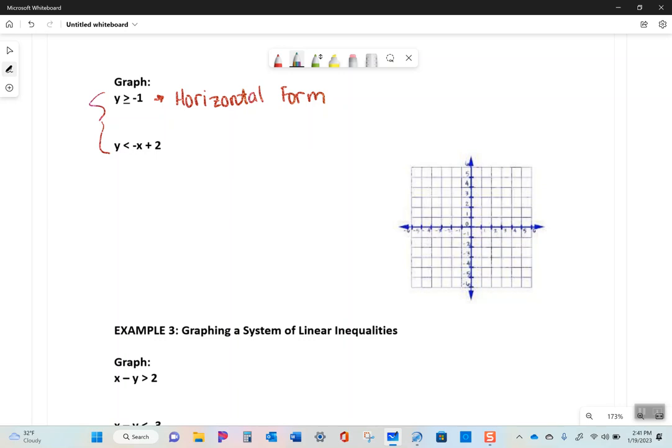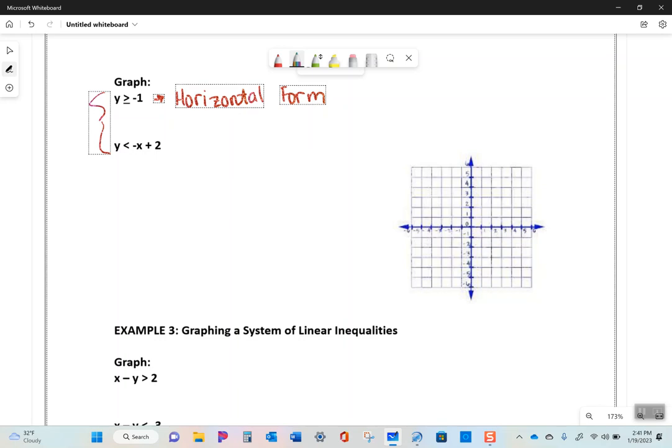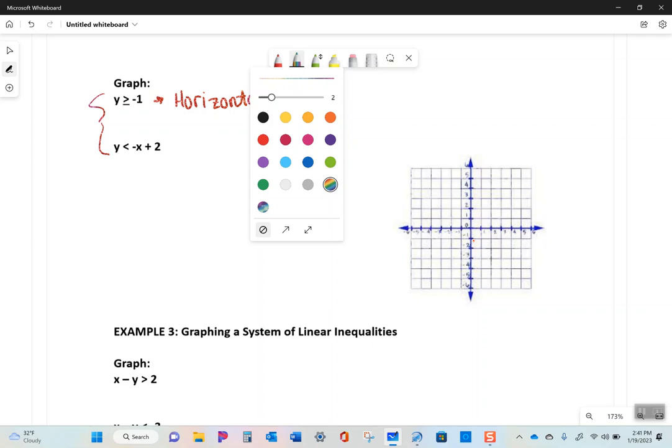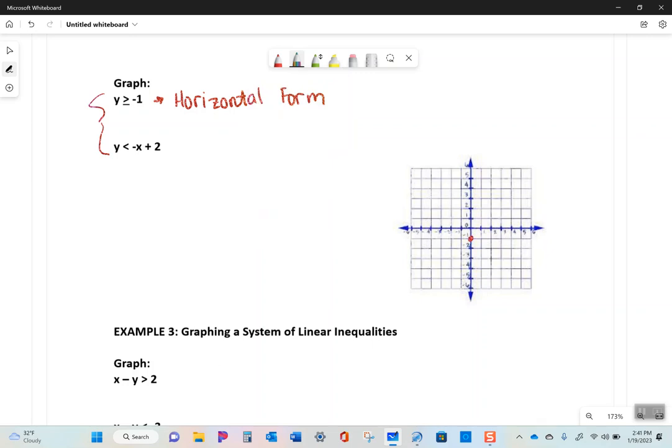Can someone help me graph this? What do I do? This is not liking me today. Okay. And then is it a solid line or is it a dotted line? Solid.